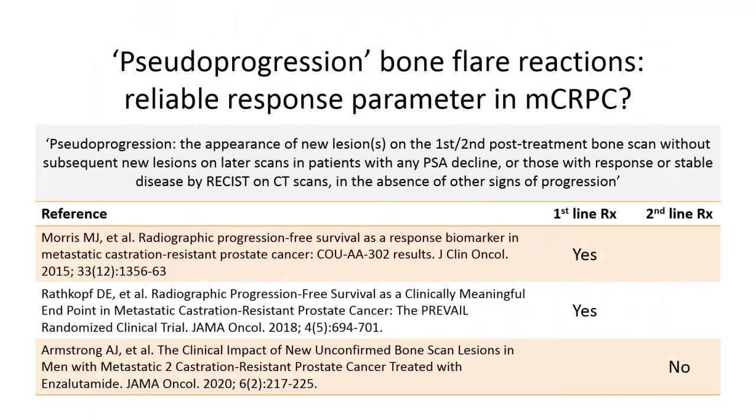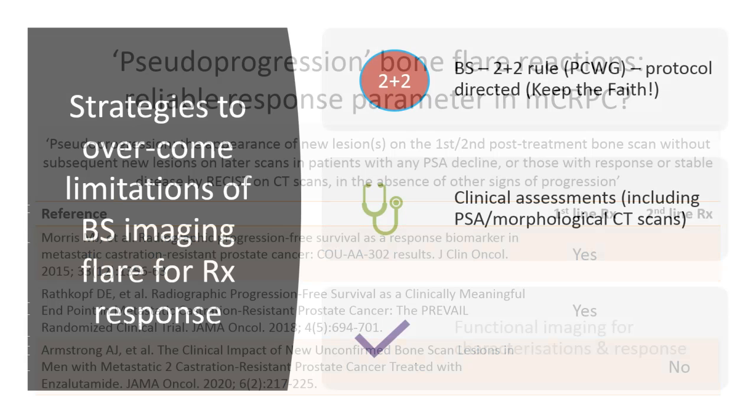The question we need to ask is how reliable is the pseudoprogression bone scan flare phenomenon to tell us that in fact this is response. It turns out that in first line therapy it is reliable, in second line therapy it's not. And this is the problem with the bone scan flare phenomenon.